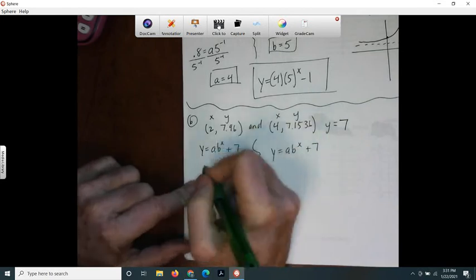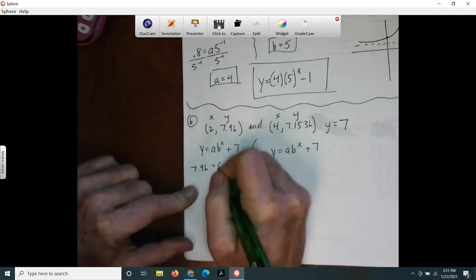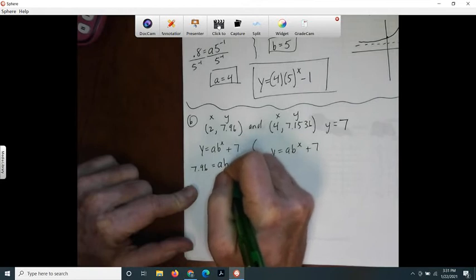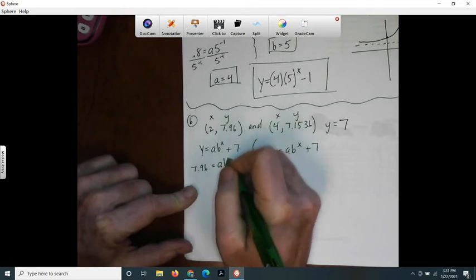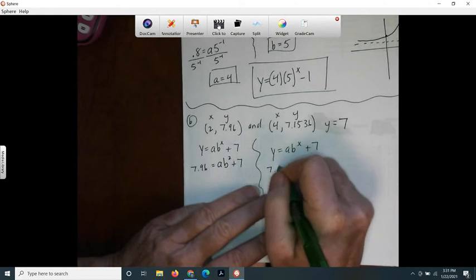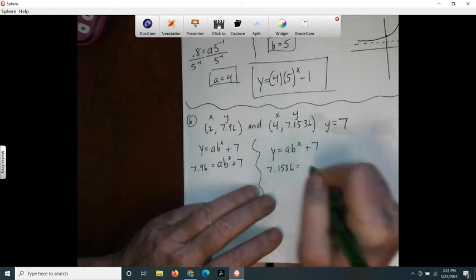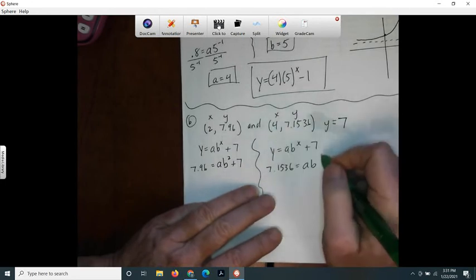Like y is 7.96. A and b, we don't know what they are. x is 2. And then in this one, y, we don't know what a and b are yet. x is 4.